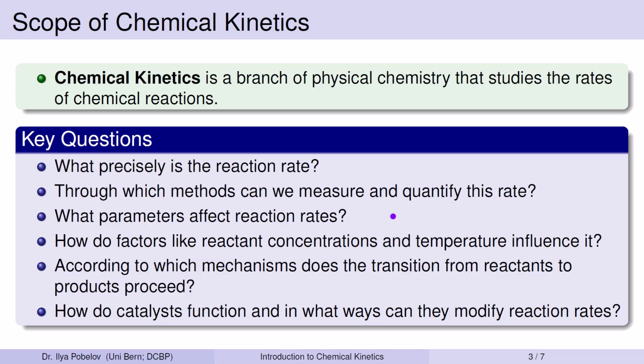Experimental chemical kinetics includes the development of techniques that allow for the measurement and analysis of chemical reaction dynamics. In addition to experiments, theoretical work has been performed to understand reaction mechanisms and the underlying physics that govern the rates of chemical reactions.